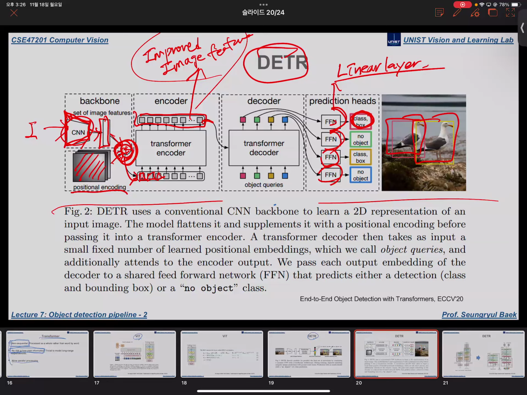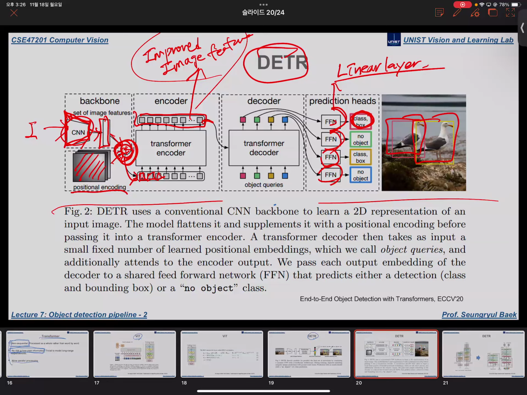In standard DETR, there is no semantic meaning for these object queries, but they are trained to maximize the accuracy of the final output.